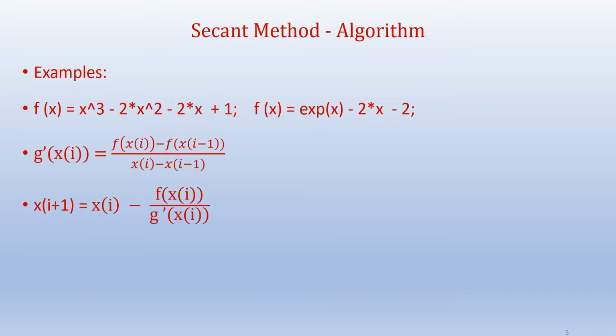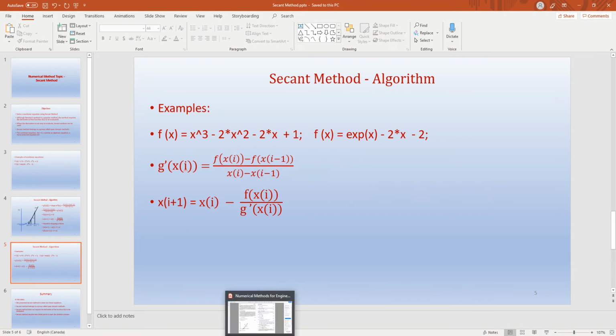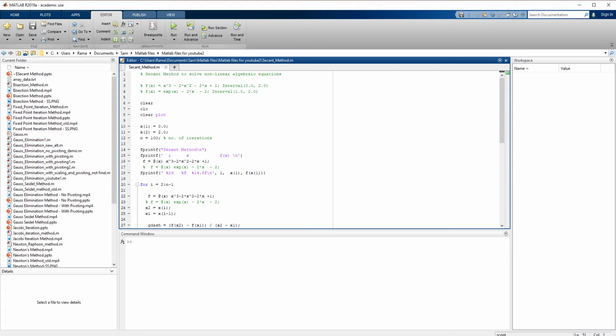Now let's look at the Matlab program to solve these two nonlinear equations using the secant method. The first one is the algebraic equation. Since we need two initial values, I just assumed x of 1 as 0.0 and x of 2 as 2.0, and the number of iterations n is set at 100.